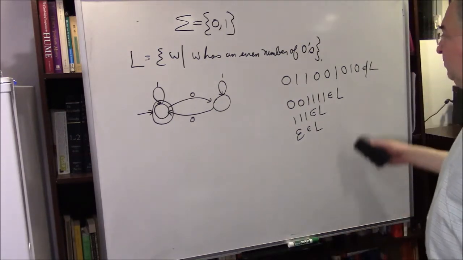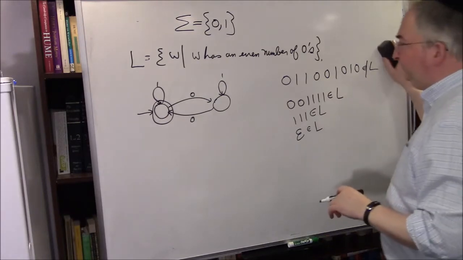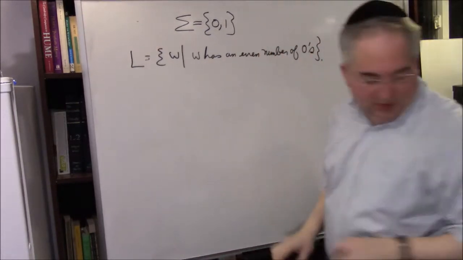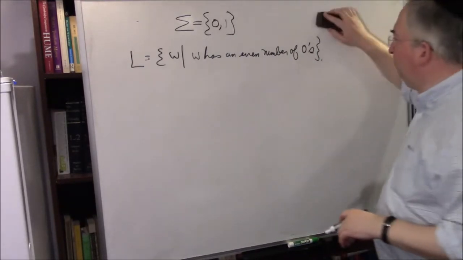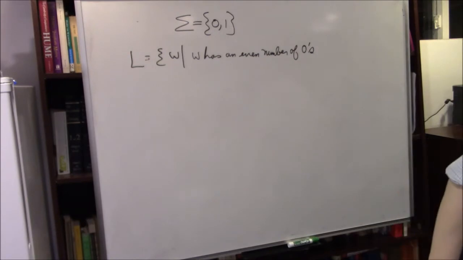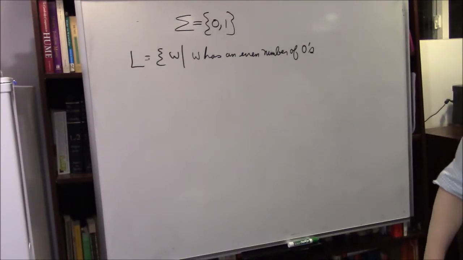Let's extend it. Let's extend this problem. So that's fine. Okay? We're doing another problem. W has an odd number of zeros and an odd number of ones.